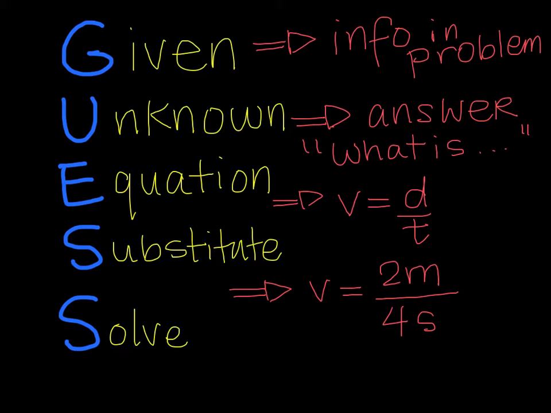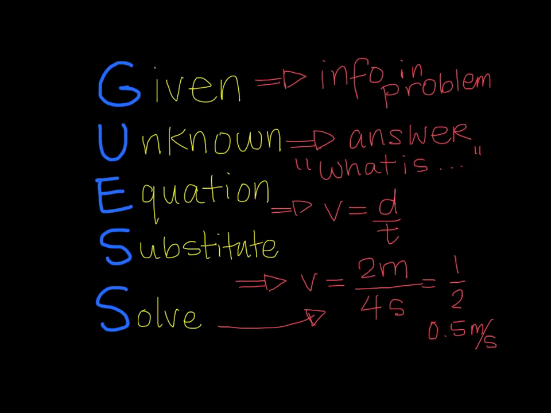So you're taking in your given and you're putting it into the problem. And that's when you're going to solve it with a calculator, and you get 1/2 or 0.5 meters per second. So that is what the GUESS method is.